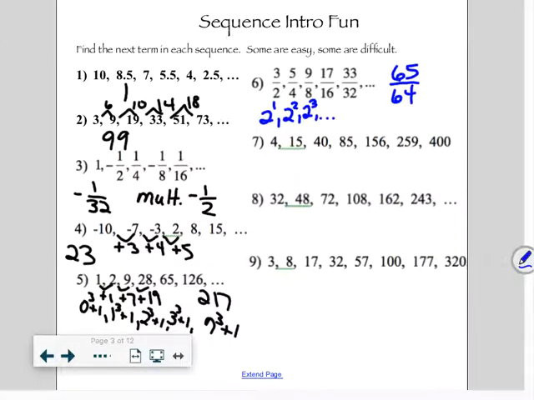Up in the top, I found my differences were 2, 4, 8, 16. Do you notice that's 2 to the first, 2 to the second, 2 to the third, 2 to the fourth? So that's kind of cool. Again, 7, 8, 9, I'm going to leave as a challenge. If you want, at the end of class or even tomorrow, ask me, I'll tell you what I got.